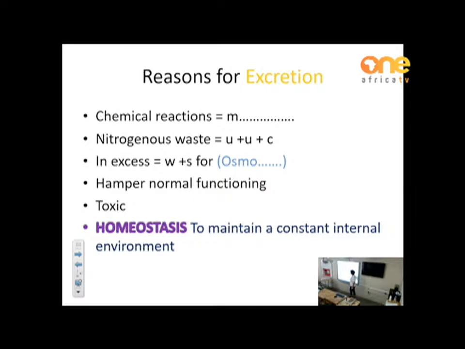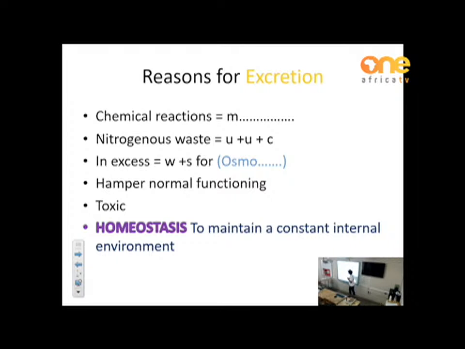During these metabolic reactions, nitrogenous waste is produced. Nitrogenous waste, I want you to guess: a U, a U and a C. Urea, uric acid, and the C is for creatinine.